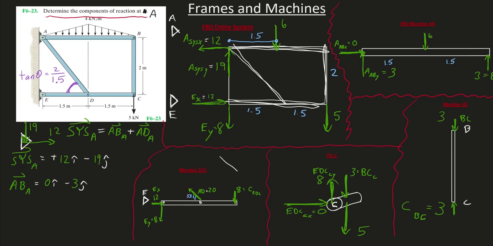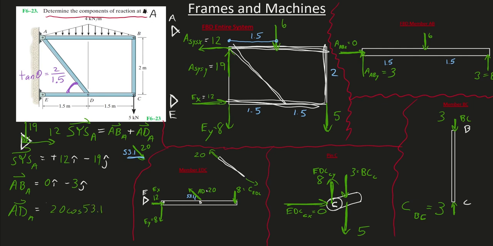Let's do Newton's third law right here. Newton's third law tells us that if this is AD, I'm going to have 20 going this way and 20 going this way. And Newton's third law again says that, hey, if pin support A puts this 20 on this guy, that means AD is going to put this 20 on A. So if we break that up into its vector components, we'll have a 20 cosine of 53.1.